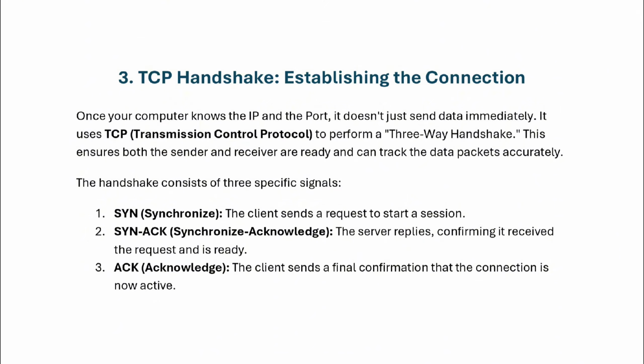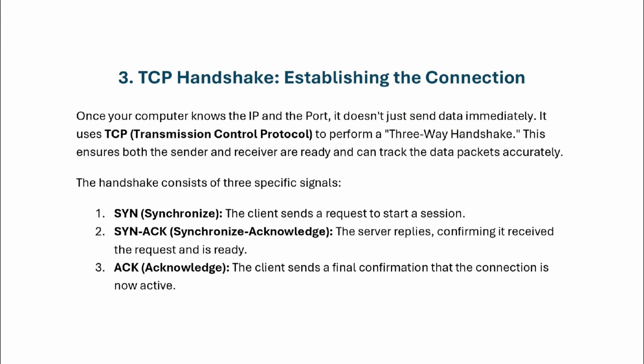TCP handshake means that to send the data accurately and avoid data loss or packet loss, there must be a secure connection between the sender and the receiver. So it ensures that there is a secure connection to send the data.